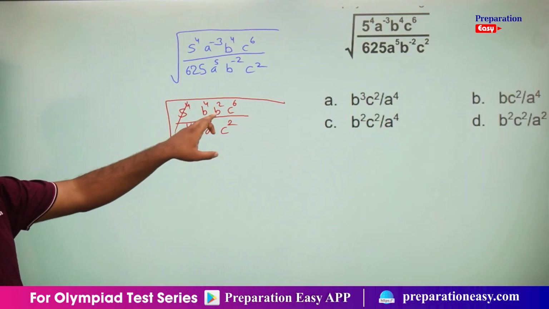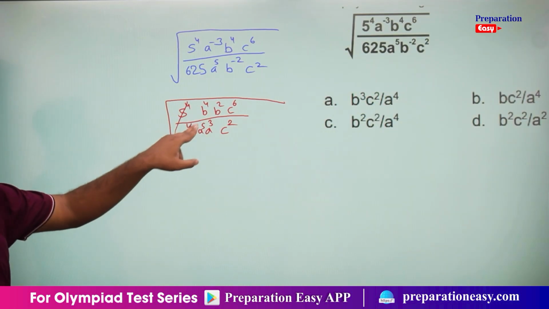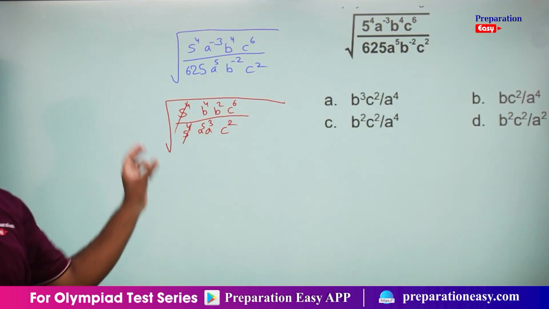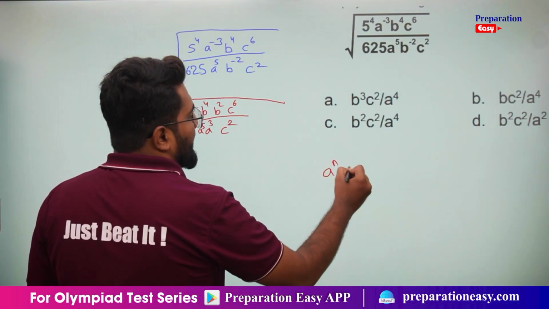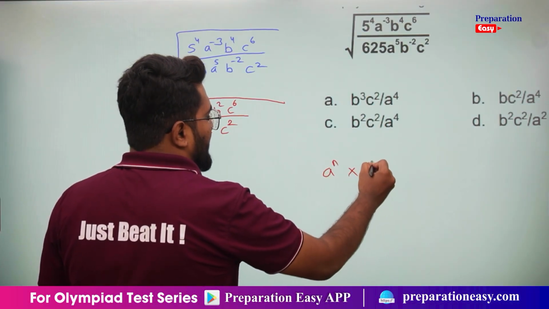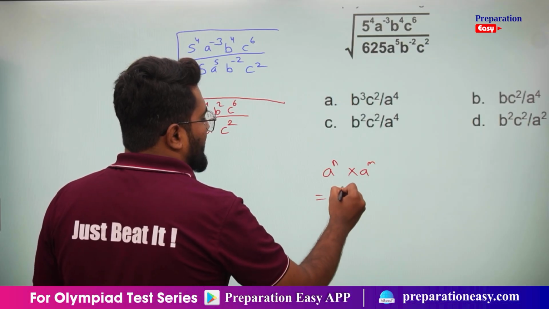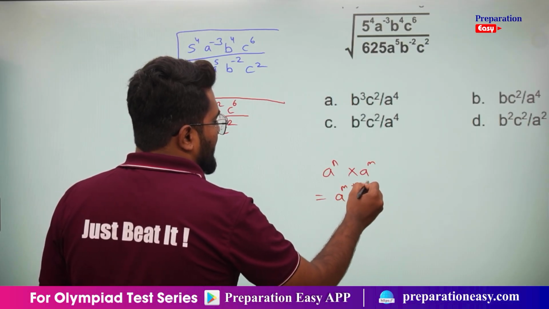b power 4 multiplied by b power 2, the powers will be added. If a power n is multiplied by a power m, it will become a power m plus n.